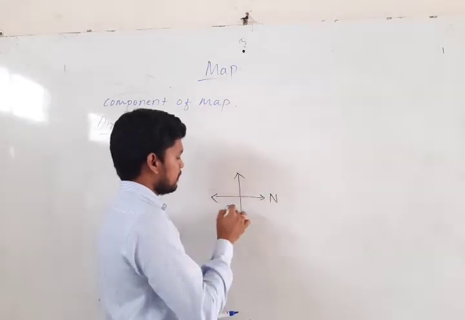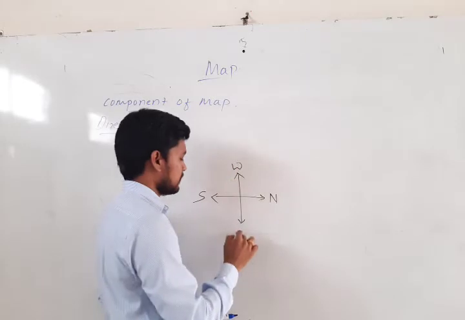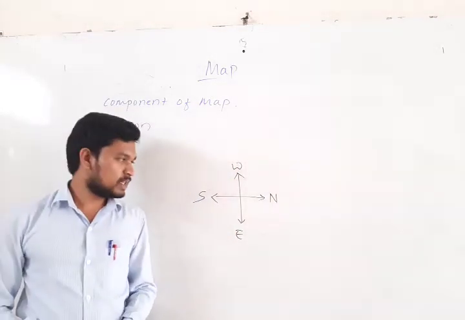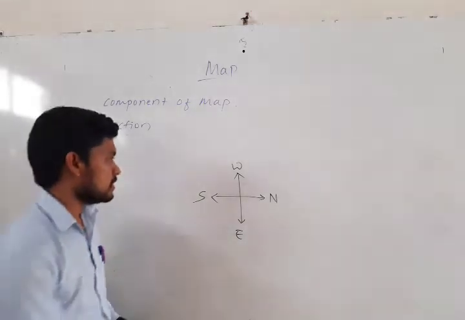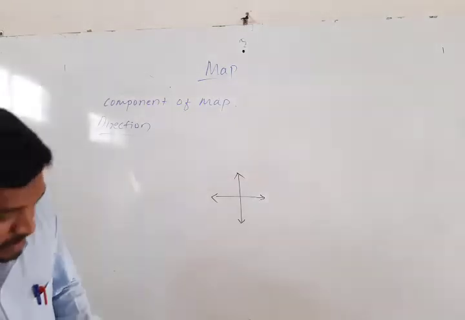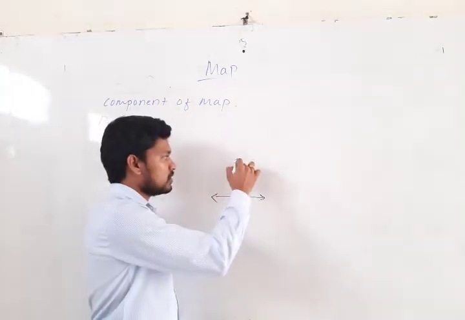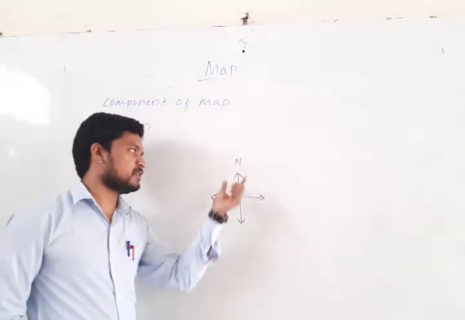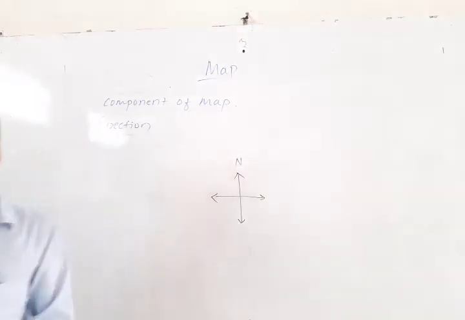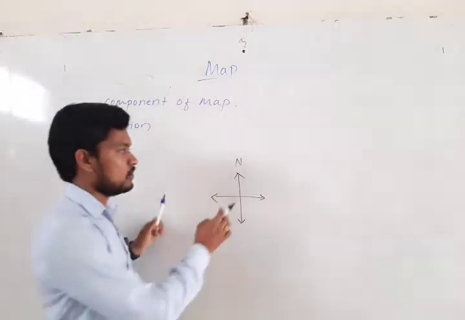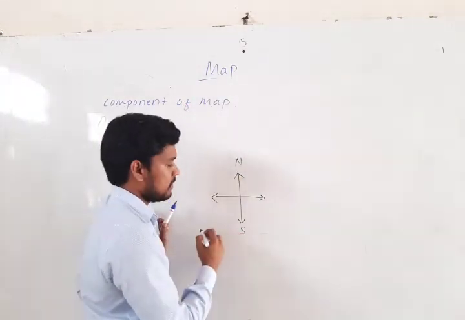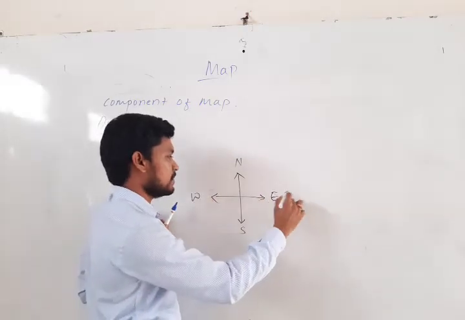The north is always at the top. It's a universal fact. The north should always be facing towards the top, and then south, west and east.